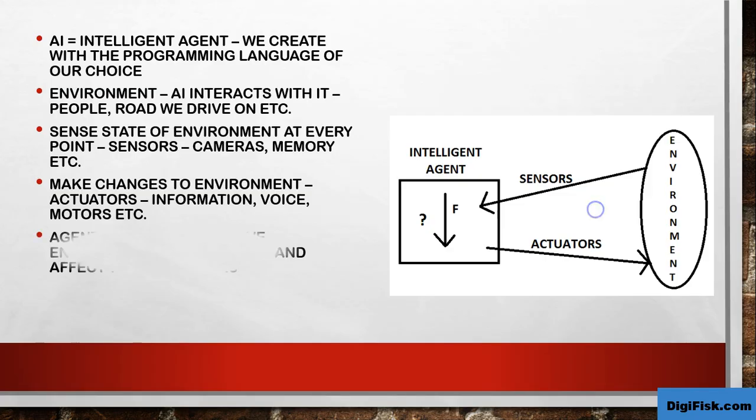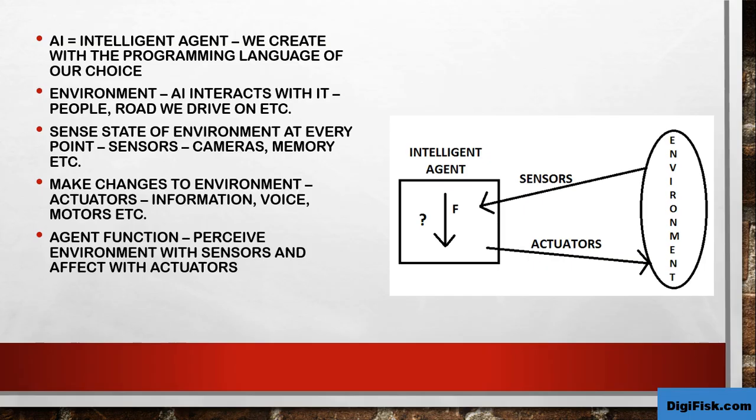Okay, now to perceive the environment with its sensors and then process the information it gets from the sensors and then analyze it and finally affect the environment through the actuators, because that's what it's been doing.